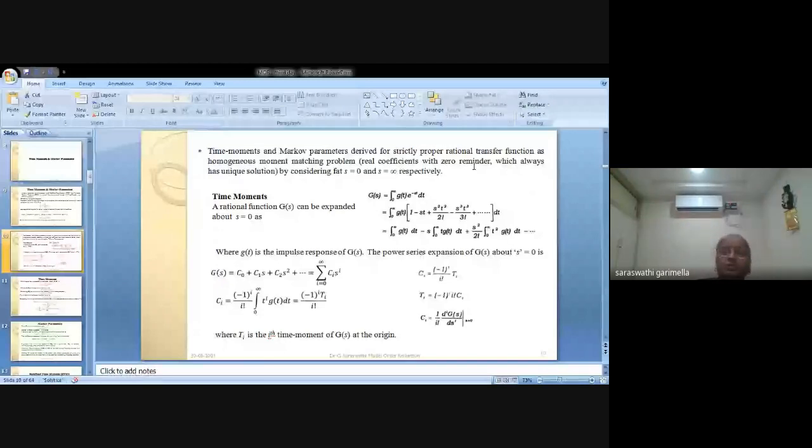Then only you will get a unique solution. Otherwise the solutions may be different. Even some methods face such solutions, because if you have a square matrix, then you will have a unique solution. But if your unknowns are fewer and equations are more, then you are going to get a number of solutions. So that is the problem.